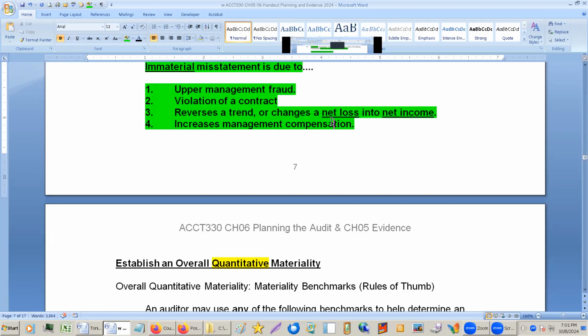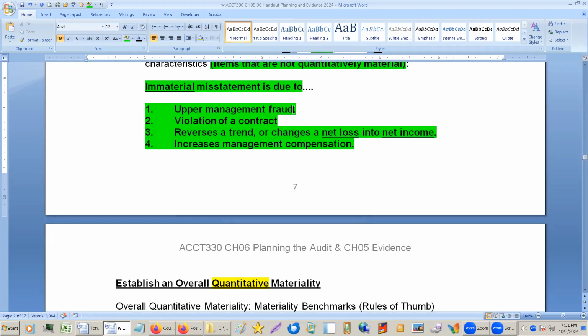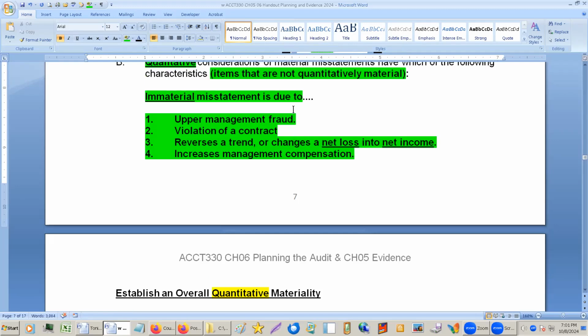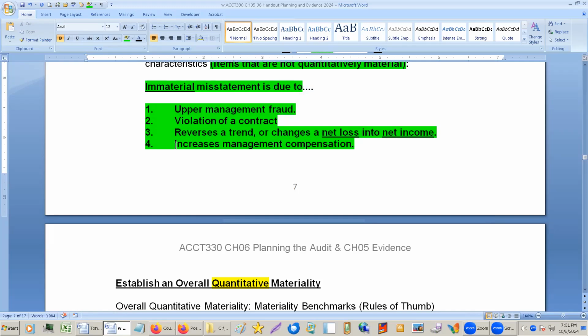If it increases, they goose the numbers a little bit to increase their payout. That would almost be covered in upper management fraud, but anyway. So if it increases compensation, maybe they don't get their bonus if they don't make income, so they change the numbers a little bit to get more income.